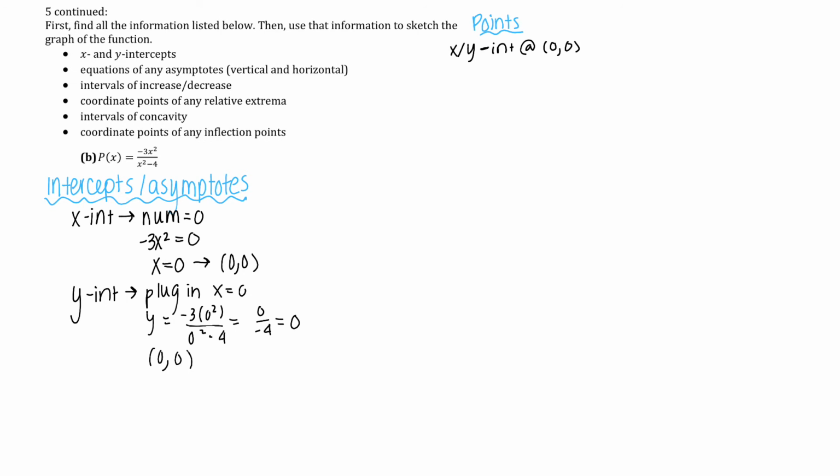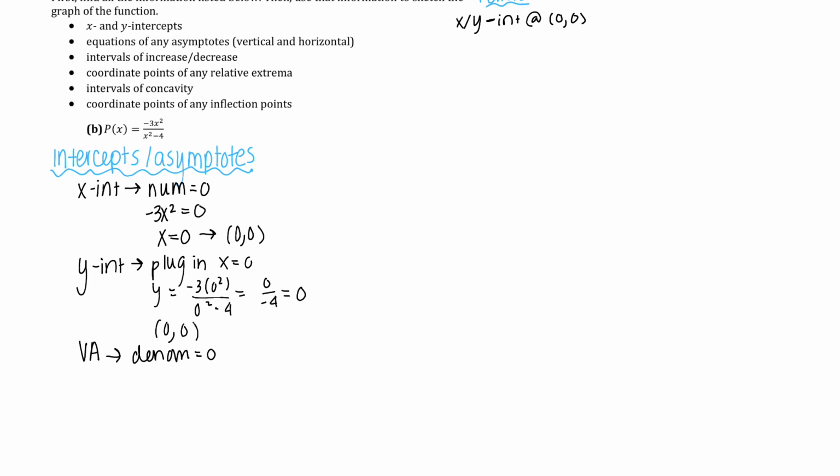For your asymptotes, you have a vertical asymptote when the denominator equals 0. So in our case, x squared minus 4 is the denominator. So this will be (x plus 2)(x minus 2) equal to 0. You get x equal to negative 2 and x equal to positive 2.